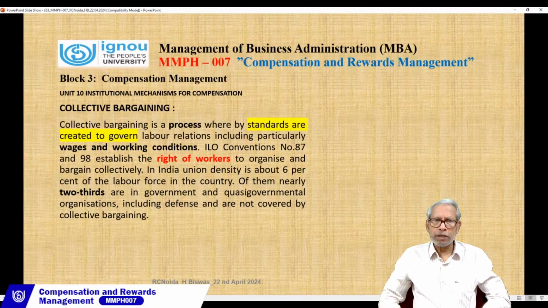In India, the union density is about 6% of the labor force. Nearly two-thirds of the government and quasi-governmental organizations, including defense, are not covered by collective bargaining.